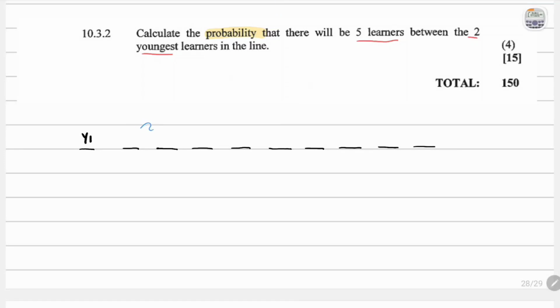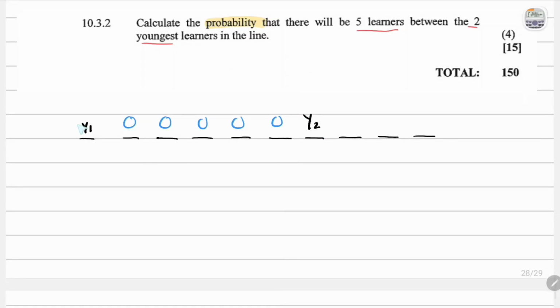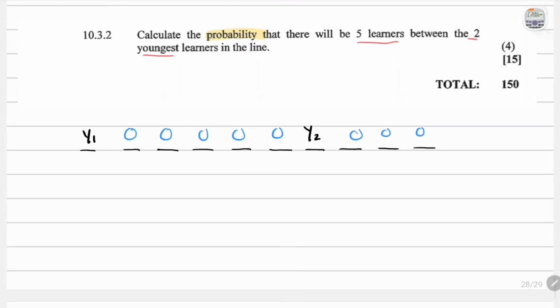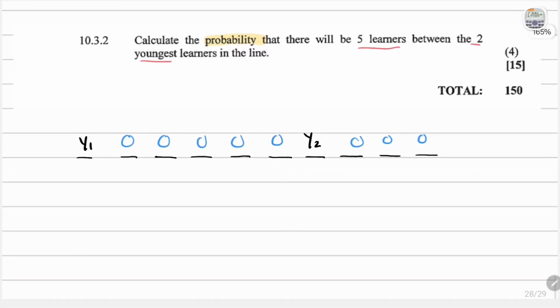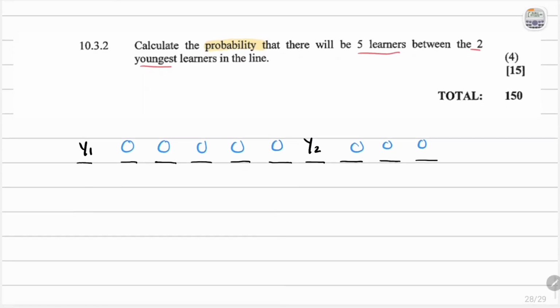And then there needs to be 5 learners in between. So 1, 2, 3, 4, 5. And then the second youngest learner can be here. Okay, youngest learner 2. So looking at it like that, and then, we're going to have the other learners behind here. We're going to have to look at all the placements that we can have. It's not really the type of question where we can say, okay, we're going to ensure that there are 5 learners here, because these are not 5 specific learners.